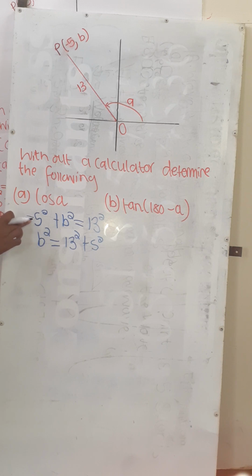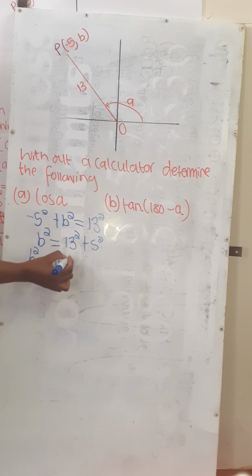So if it was a positive 5, when it comes this side, it will then become negative. Because it was negative, it will now become positive. So we have b squared is equal to 169 plus 25, right?